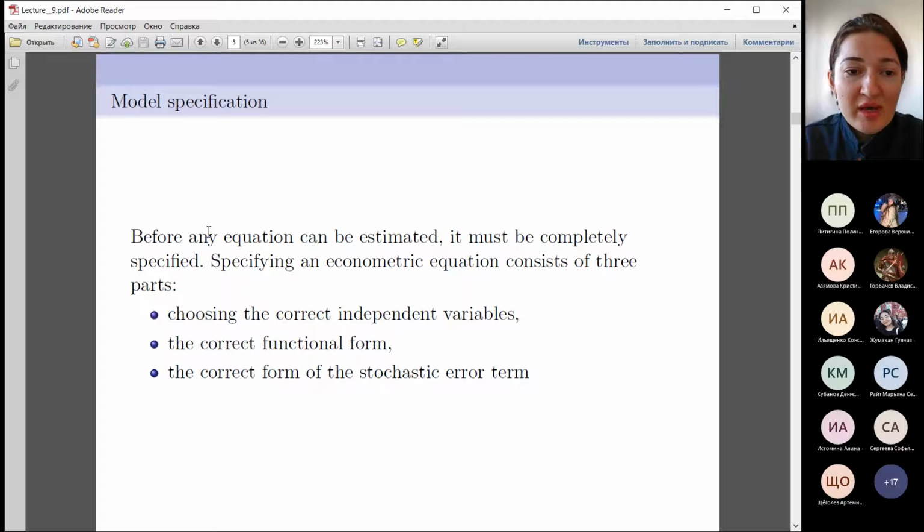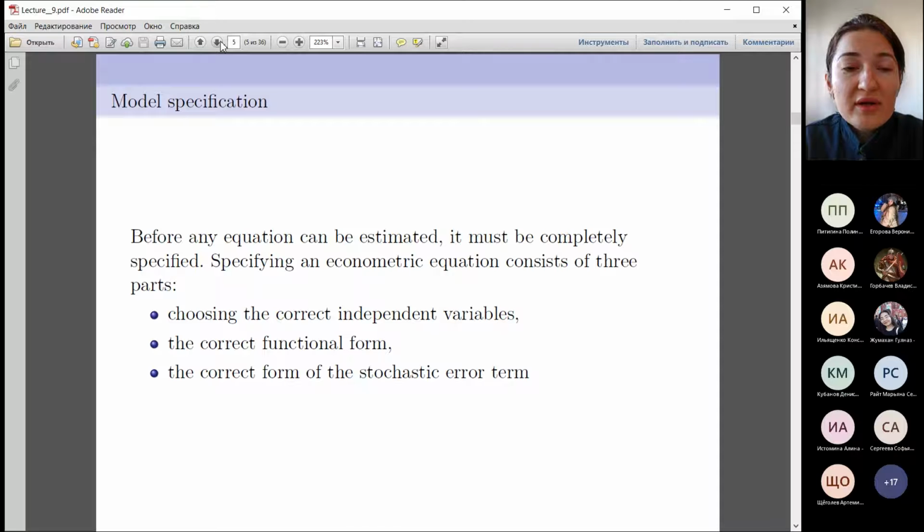But you should remember, and please check yourself, that first of all, when you specify your models, the first step, you need to read the theory. After this, you need to find the correct independent variables as well as, of course, the dependent variable. You need to construct the correct functional form, so you need to use the right specification of your model. And of course, you need to find the correct form of the stochastic error term.